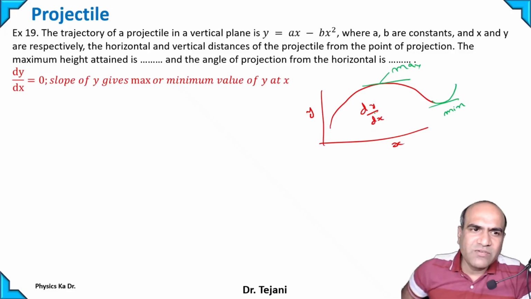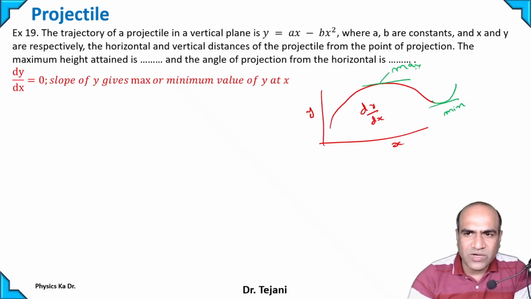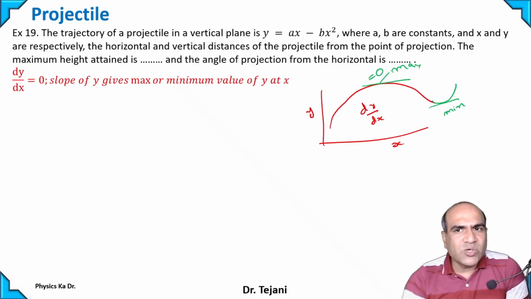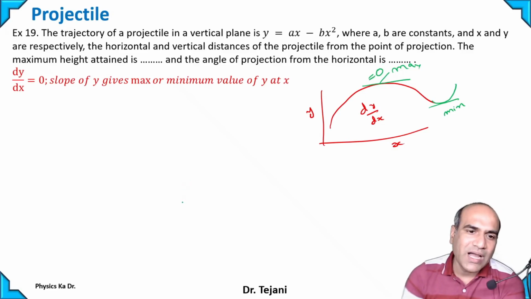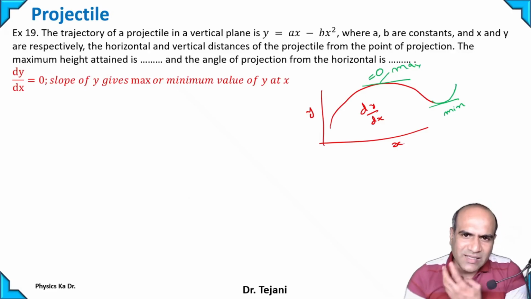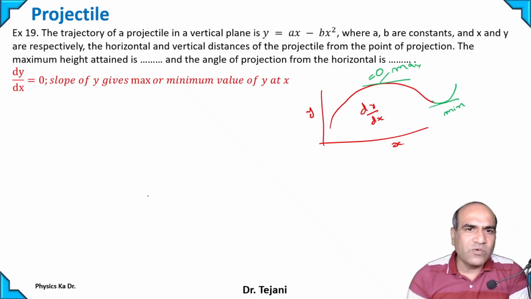So if you take dy by dx equal to 0, slope is 0, you will get the maximum value of y. We will also study this in detail, but just remember as of now what we are talking about.